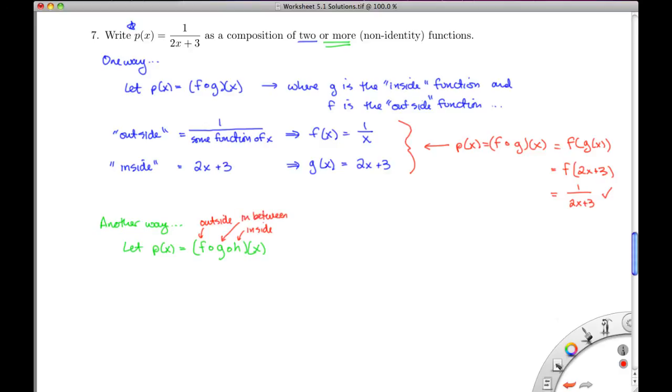And again, I like to think of these as inside and outside, kind of like those Russian nesting dolls where you put one shell inside of another shell inside of another shell. That's kind of what we're doing here with functions. We've got an inside function, and then we put another function on the outside of that, and then another function on the outside of that to get a whole composite function. So let's see if we can get something to work here.